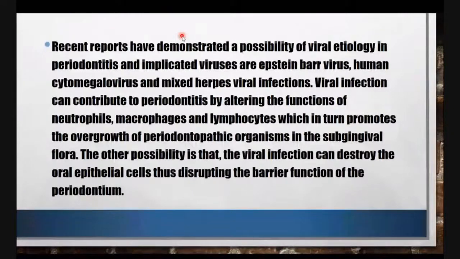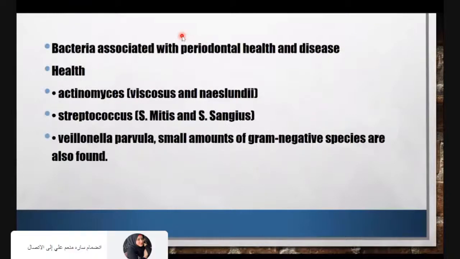Promote the overgrowth of the periodontopathic organisms in the subgingival flora. Other possibility is that the viral infection can destroy the oral epithelial cells اللي هي تعتبر الناتشرال بارير، يصير بها disrupting the barrier function of the periodontium وتخليه يدخل للconnective tissue ويسبب لنا diseases.